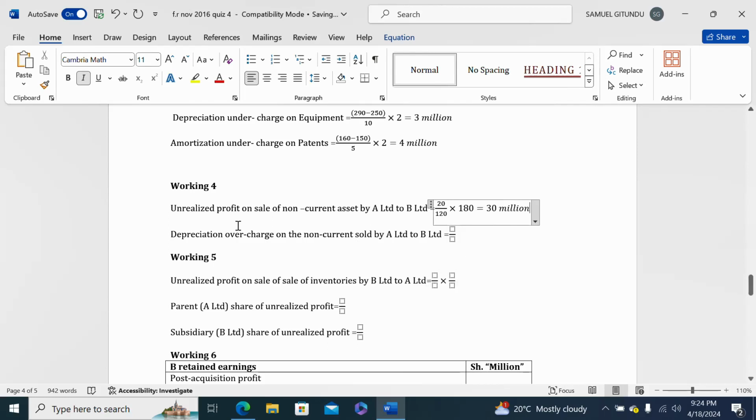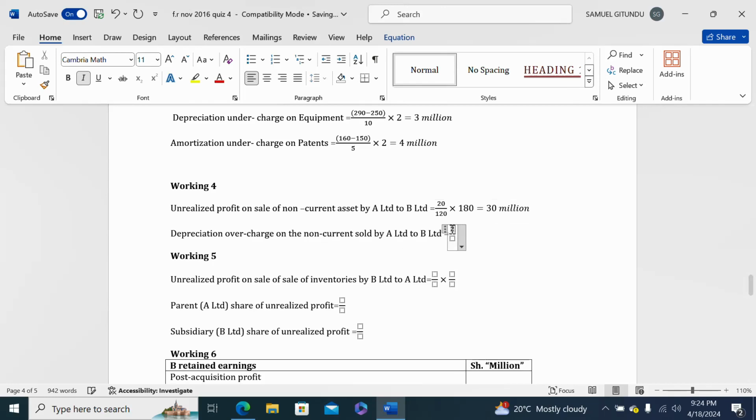And now we calculate the depreciation overcharge on the non-current asset. So the depreciation overcharge now is going to be 20 out of 100. We multiply by this unrealized profit, because this 30 million now represents the markup.